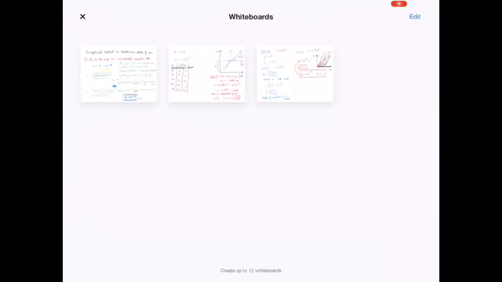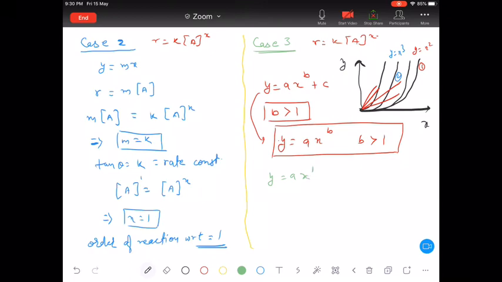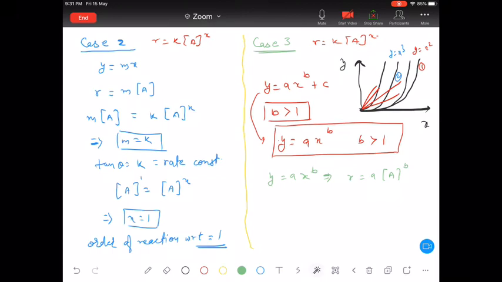Correct? So now I take this case 3 once again. So I can write y equals a x to the power b. Now on the y axis, what I have taken, r is equal to a, on the x axis a to the power b. Let's compare it with this rate law.